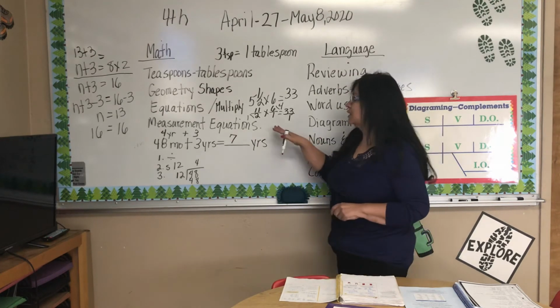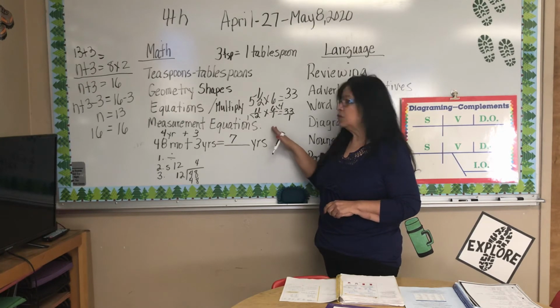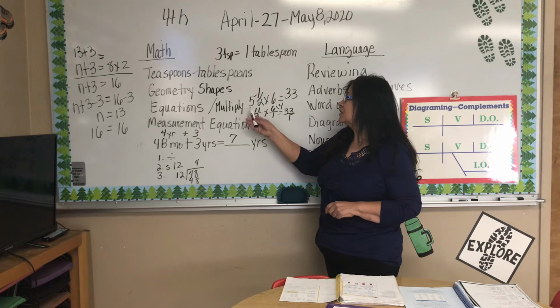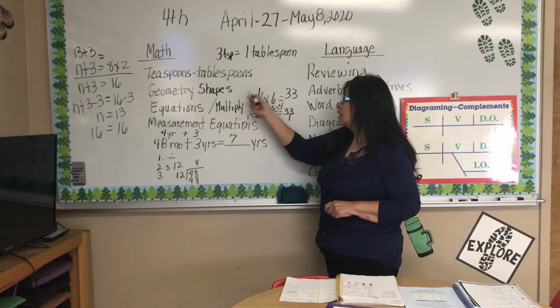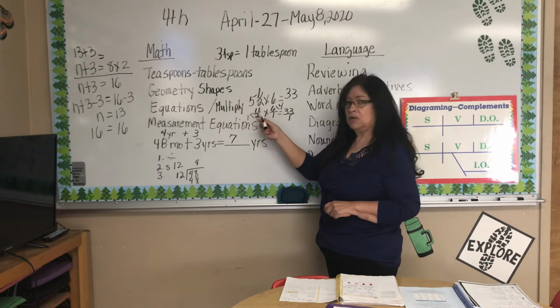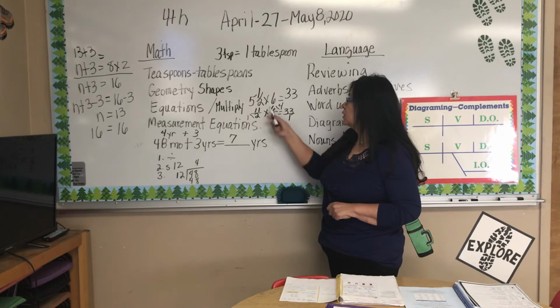I've been noticing, guys, when I've been checking your work, that a lot of you are not doing your steps to your fractions. I'm giving you an example right here. If it says 5 1/2 times 6, you have to break down this mixed number. How do we do it? 2 times 5 plus 1, 11 over 2. Times 6, you do 6 over 1.